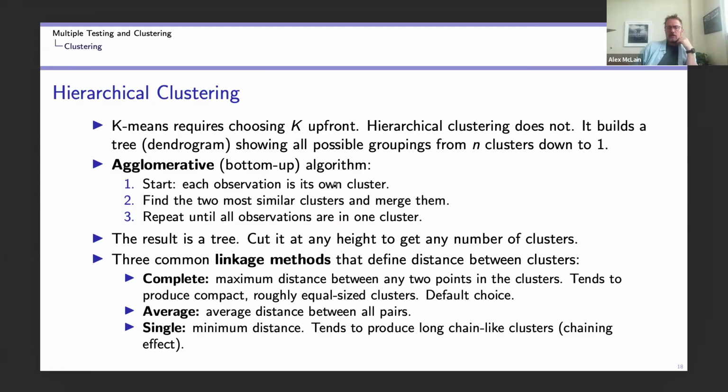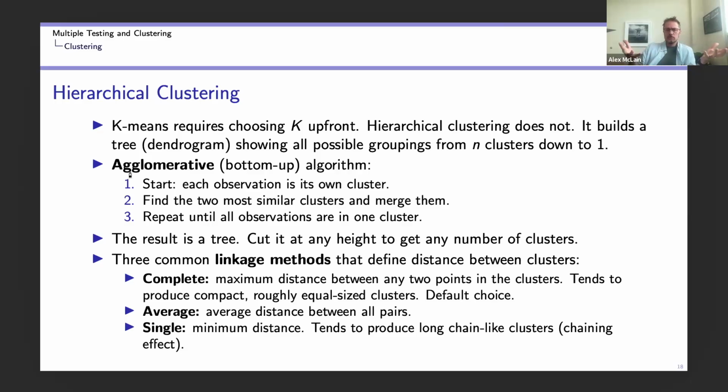It does have some model choices, but you don't have to choose k up front. When we do hierarchical clustering, it builds a tree called a dendrogram, showing all possible groupings from n clusters down to 1. So it shows us the whole gamut of how we could cluster these variables.